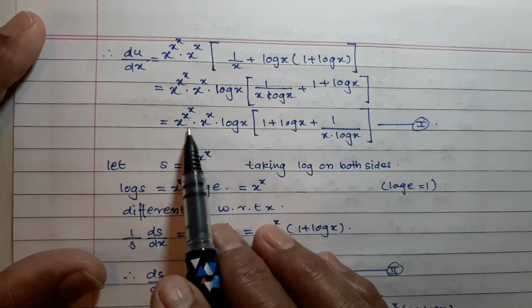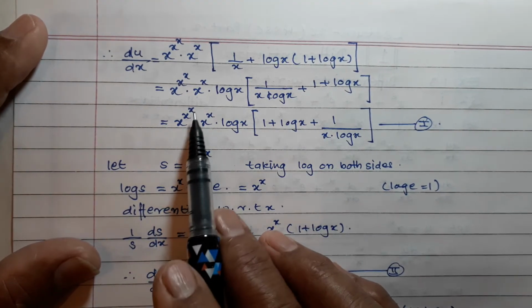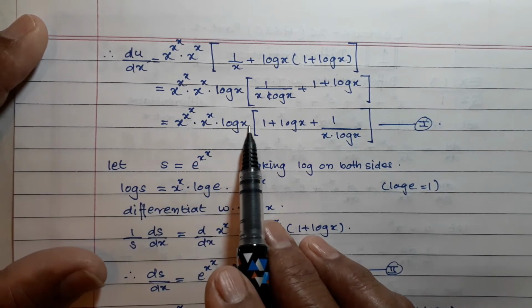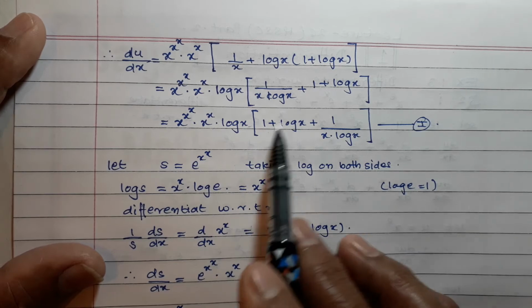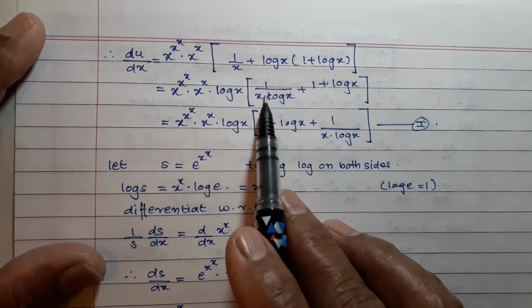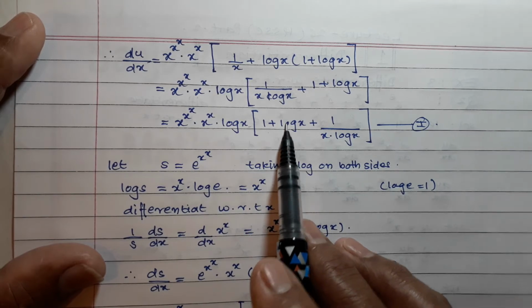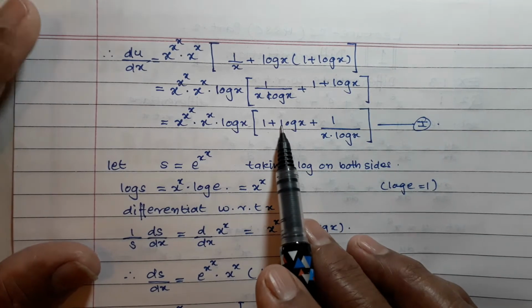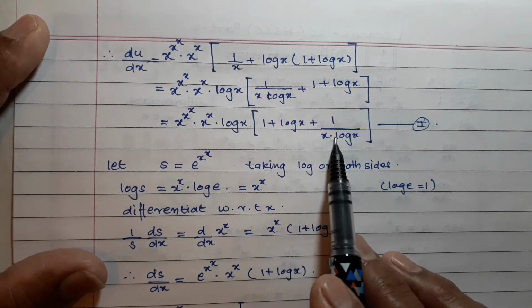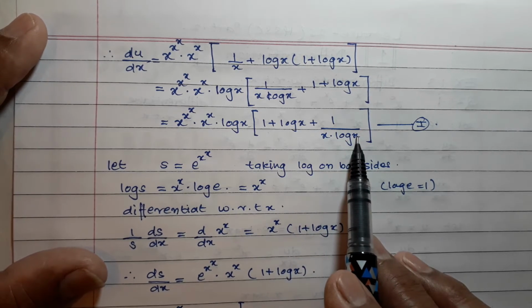Therefore x^(x^x) times x^x log x times this. You simplify: 1 + log x + 1/(x log x). Okay.